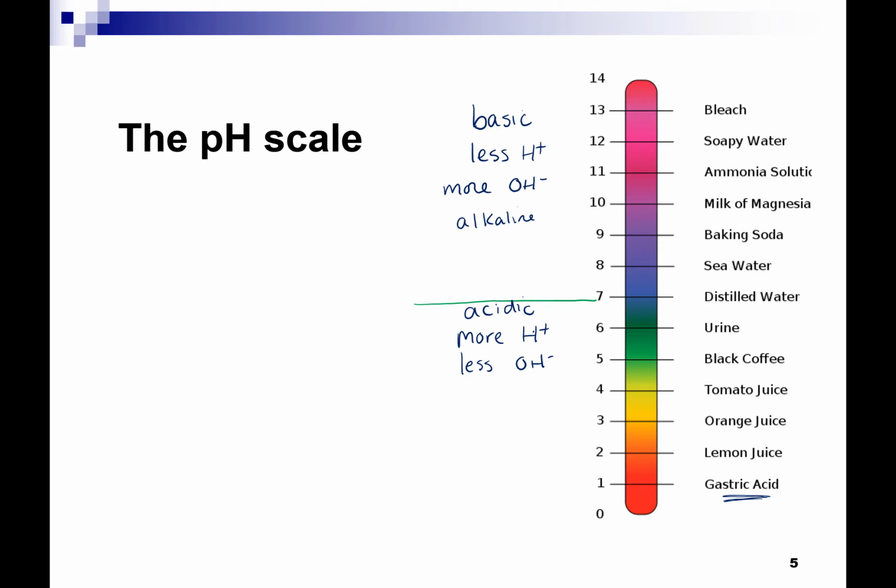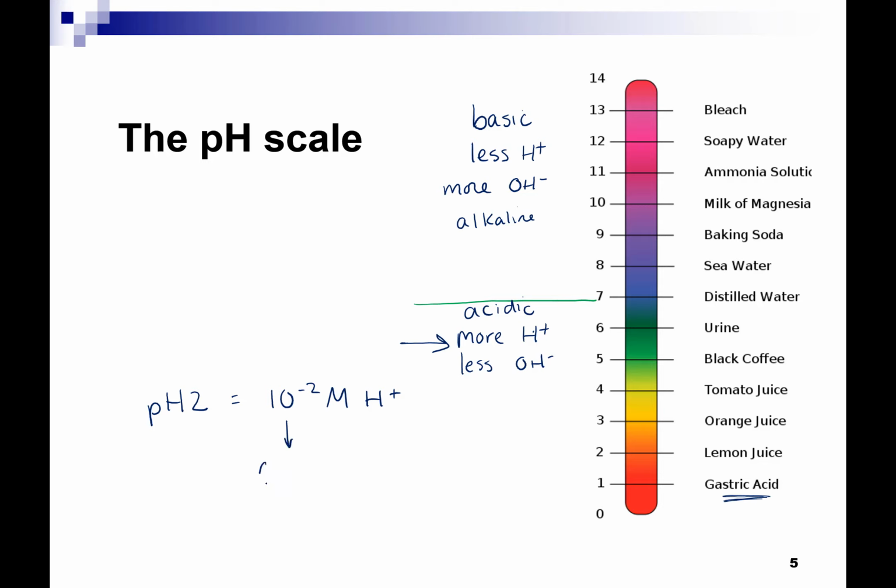So why does that work, that the more hydrogen ions, the smaller the pH number? Okay. That's because pH of 2 is 10 to the minus 2 molar hydrogen ions, right? That's the concentration.